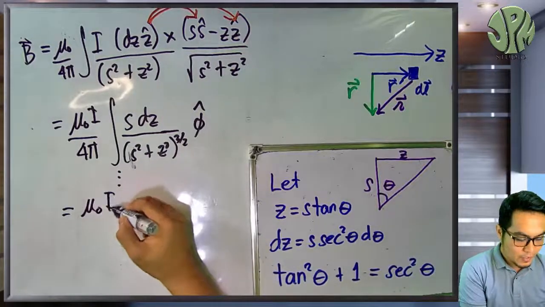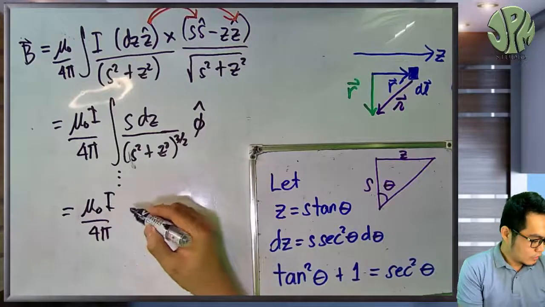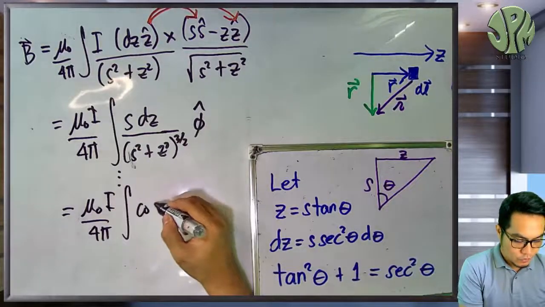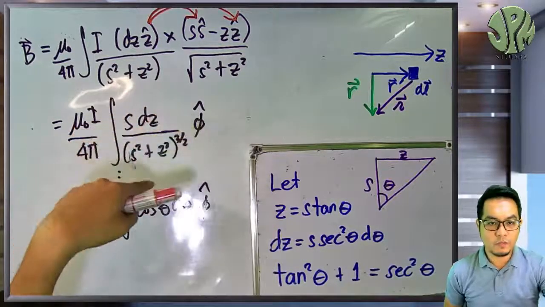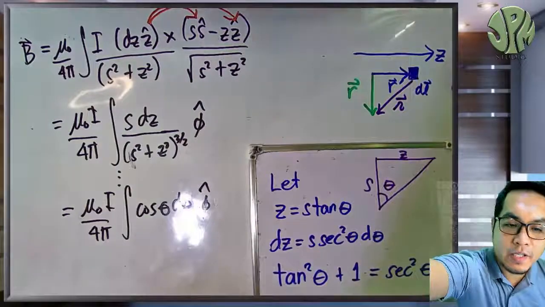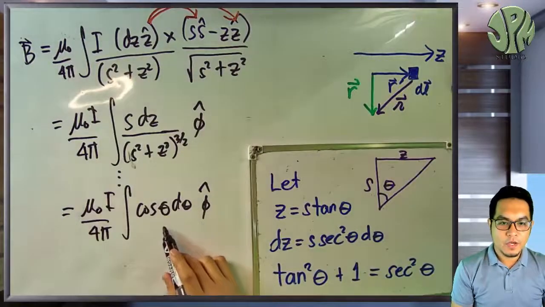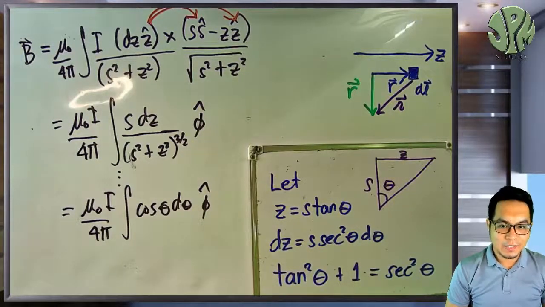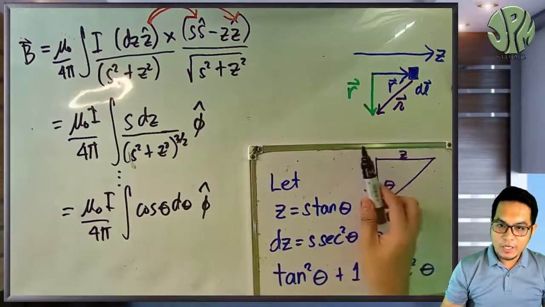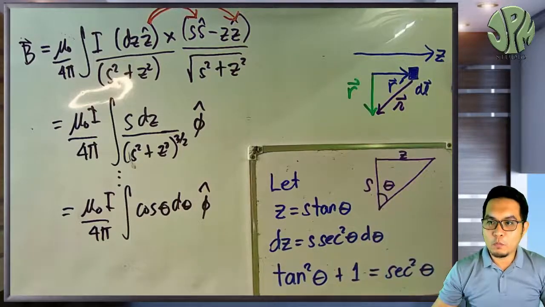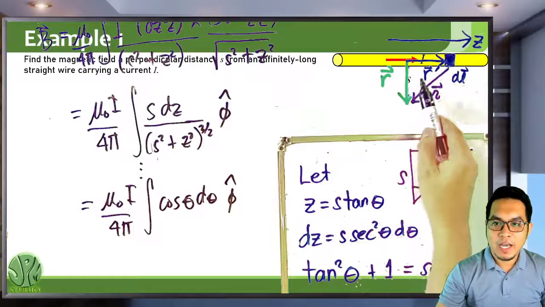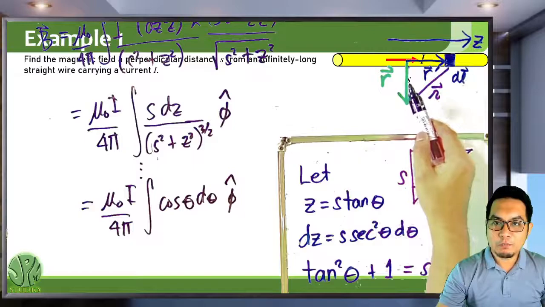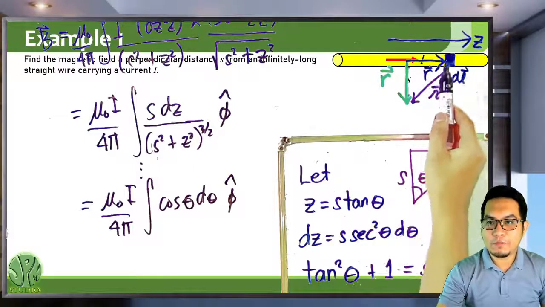You will arrive at this one: cosine theta d theta. This whole term, using trigonometric substitution, will just become cosine theta d theta, where theta corresponds to the location of the differential elements.